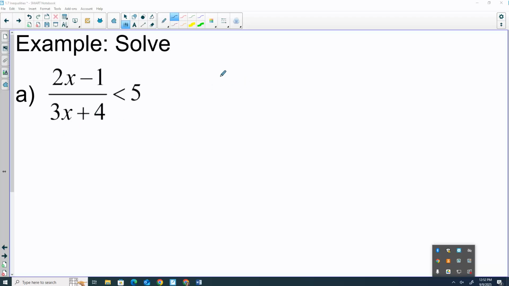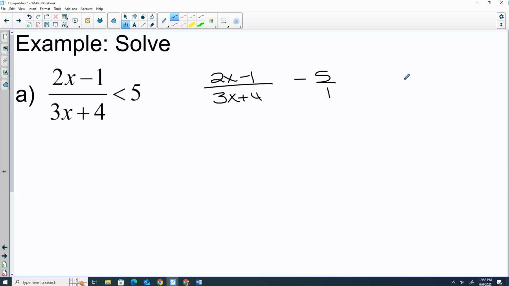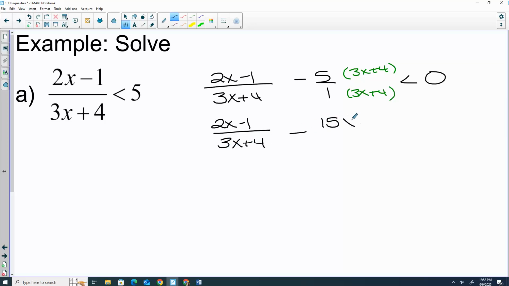So subtract the 5 first. It's like a 5 over 1. Get a common denominator, so multiply it by 3x plus 4 on top and bottom. So we get 2x minus 1 over 3x plus 4 minus 15x plus 20 over 3x plus 4.